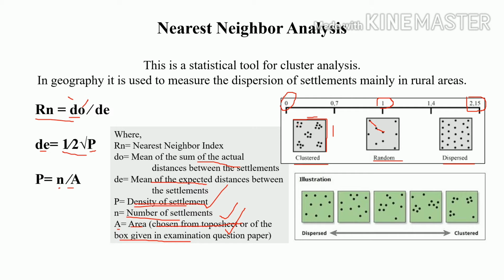From the density of settlements we can calculate DE by this formula. If we get DE, then by doing DO upon DE we can get the nearest neighbor index. Okay, so we will now proceed to the mathematics directly.